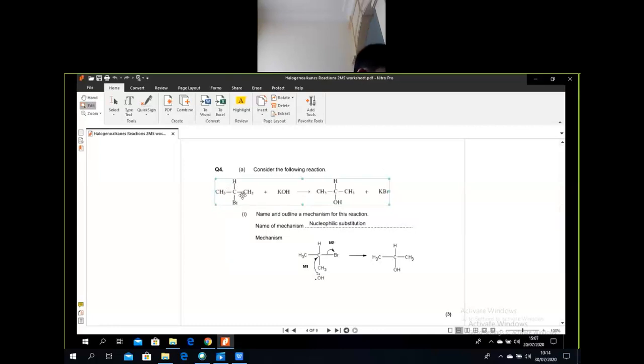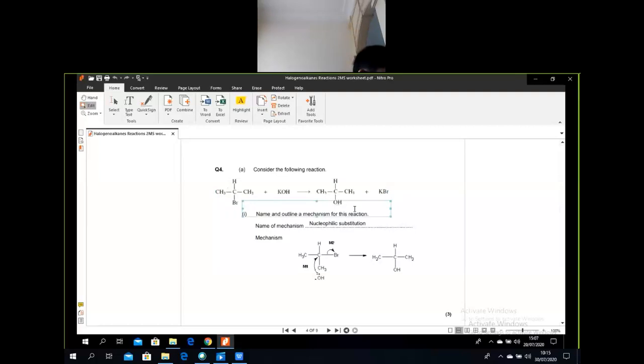Why is it secondary? Because there is only one hydrogen attached on the carbon atom that is bonded to the halogen, and we know there are two alkyl groups. These two alkyl groups make the reaction of the alcohol still possible.